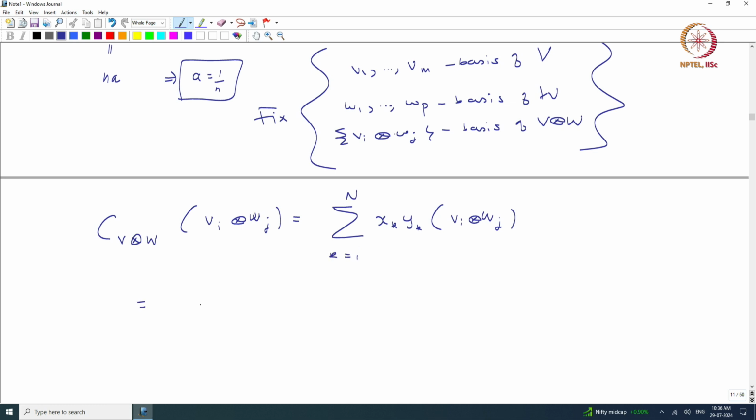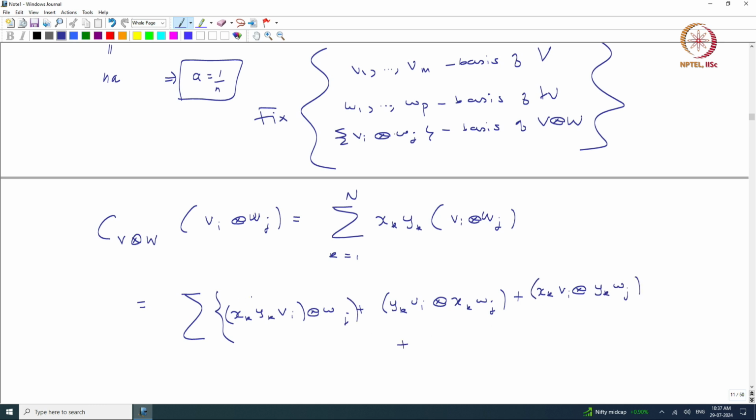Because xk and yk act as derivations, if you rewrite, this is going to be the summation of xk yk acting on Vi tensor Wj, plus yk Vi tensor xk Wj, plus xk Vi tensor yk Wj, and again plus, so there will be 4 terms, Vi tensor xk yk Wj.